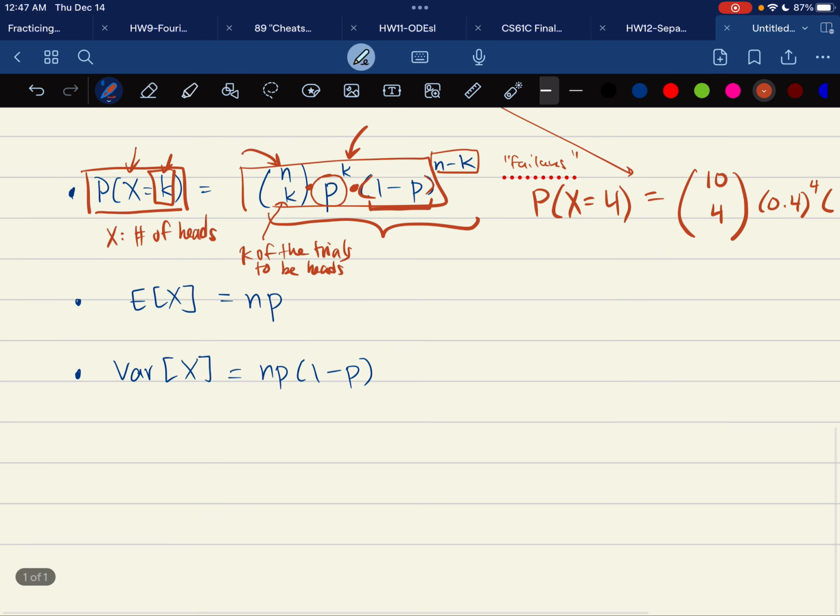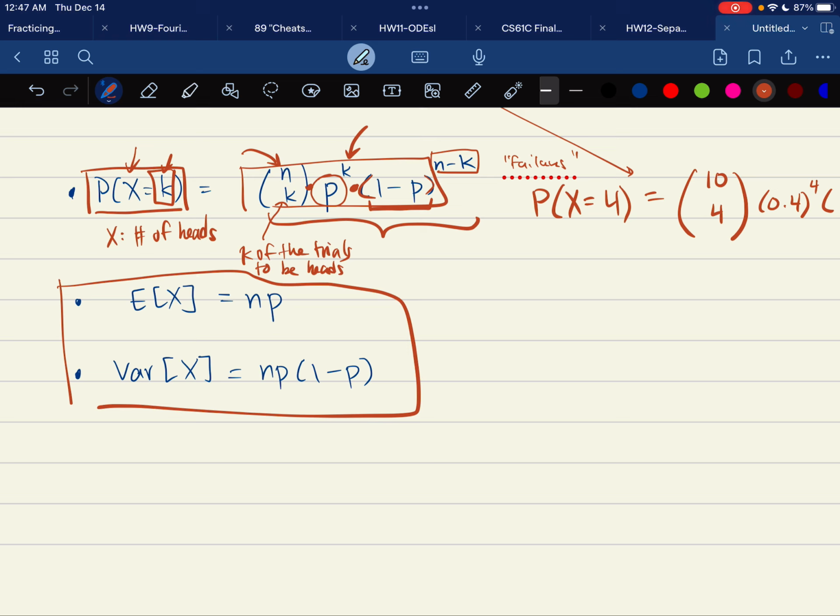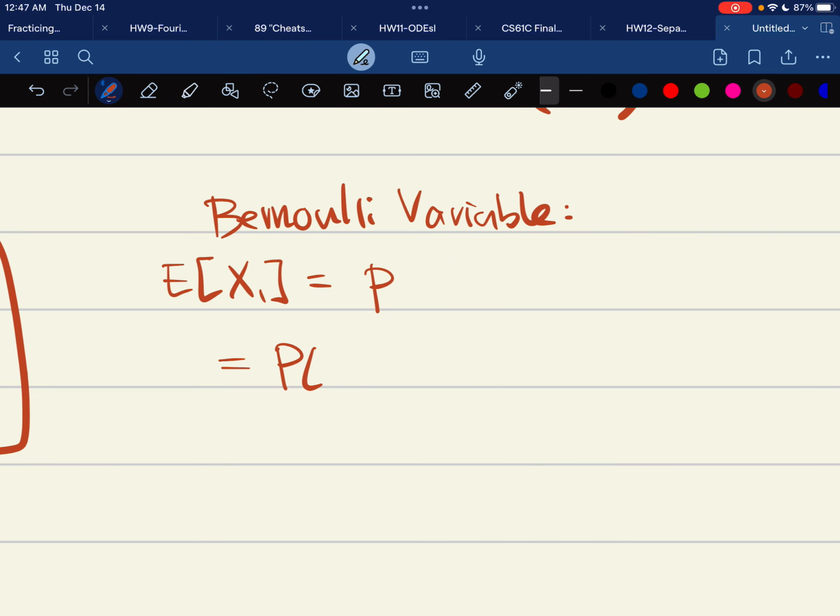Okay, and two expressions you're going to see a lot are expectation and variance. So let's first look at the expectation and variance of a Bernoulli variable. So the expectation of, let's call it x1 again, it's just going to be p, right? If we look at our expectation equation, this should make sense because it's equal to the sum over all the possible values a Bernoulli variable can take on, right?